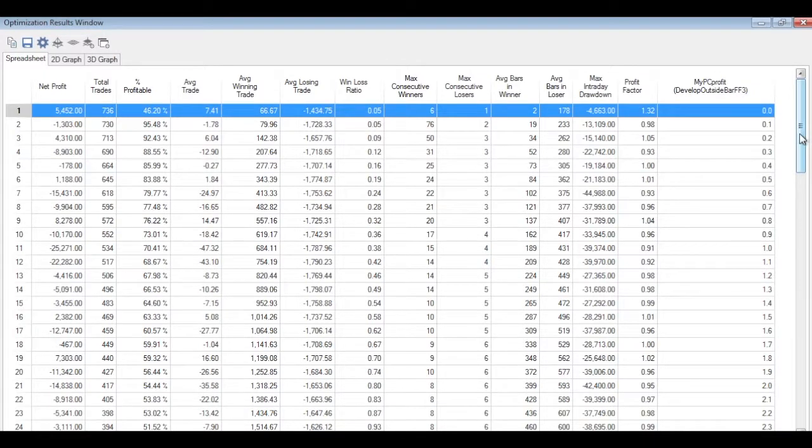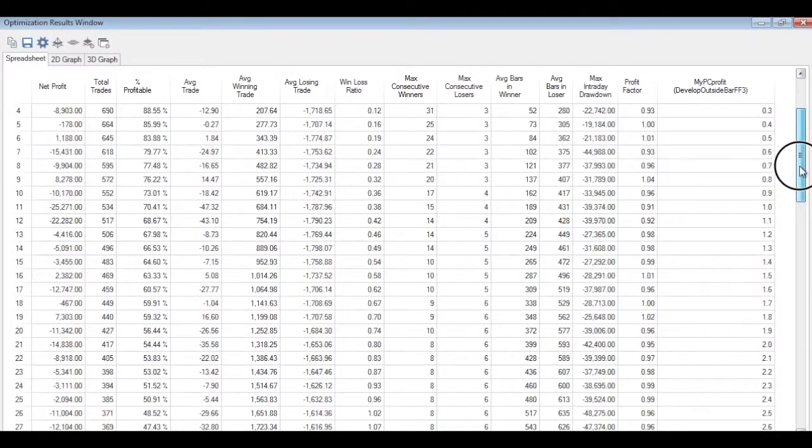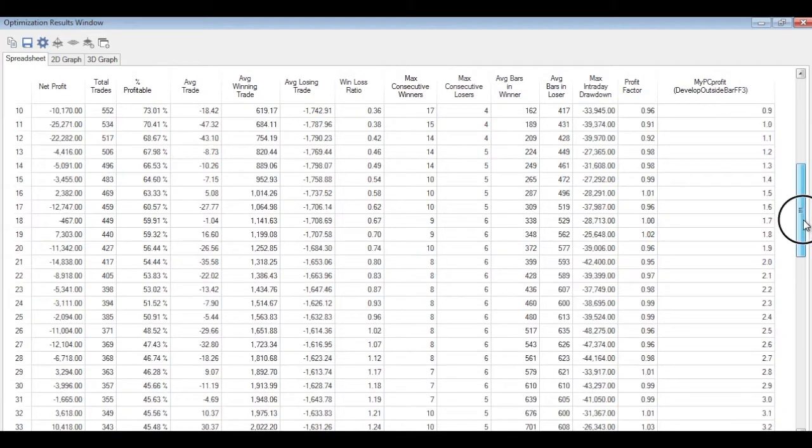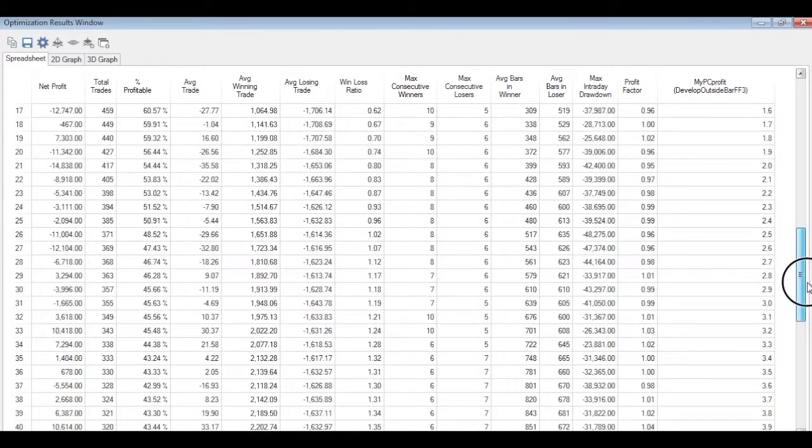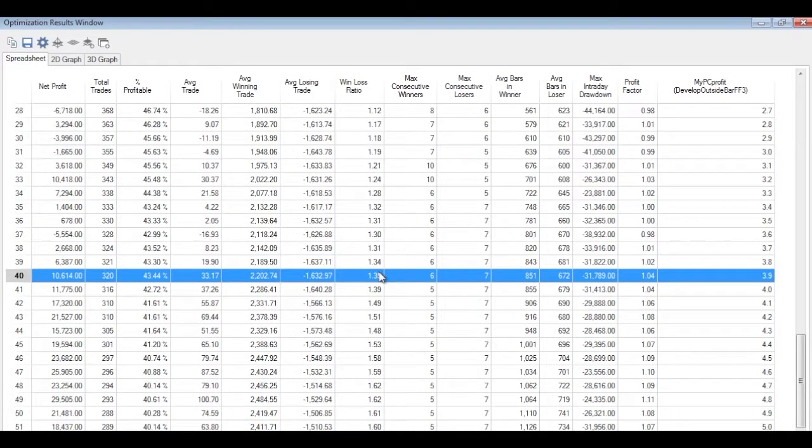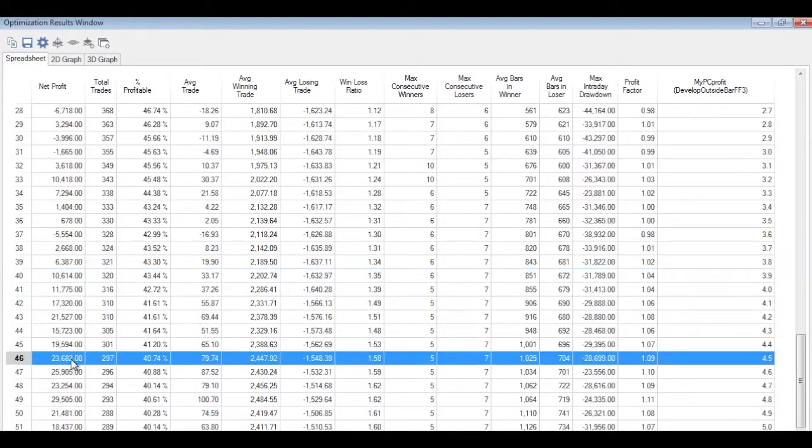Looking again down that net profit, I did find stable areas between about 3.9, even all the way up to 4.95. So I would say let's go with something somewhere in the middle. Not the best, but certainly within that clump of reasonably stable values.